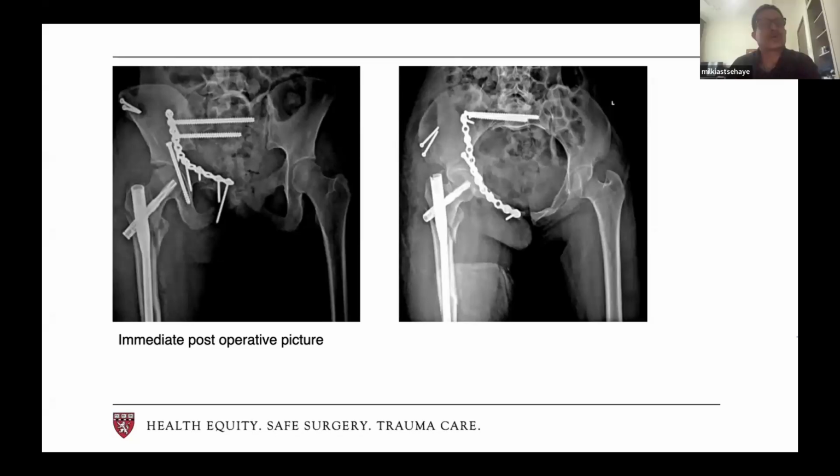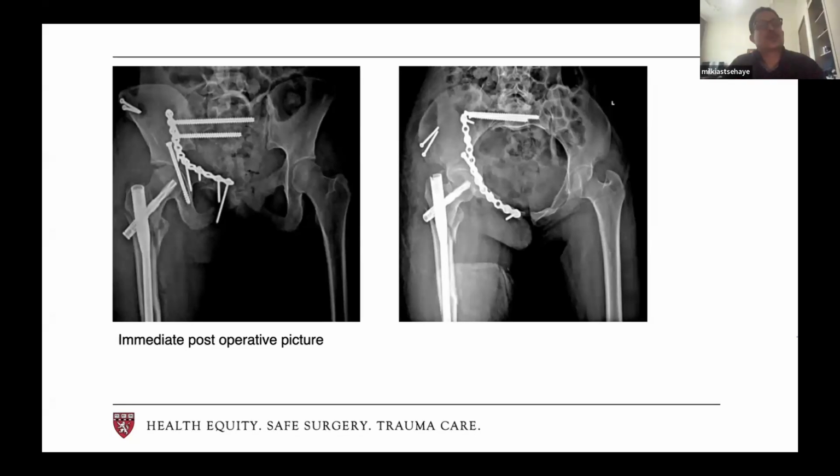Yeah. Then was it possible to put the plate infrapectineal? Because this plate I see is almost suprapectineal. Would you have been able to put the plate infrapectineal instead of that screw of the anterior column?